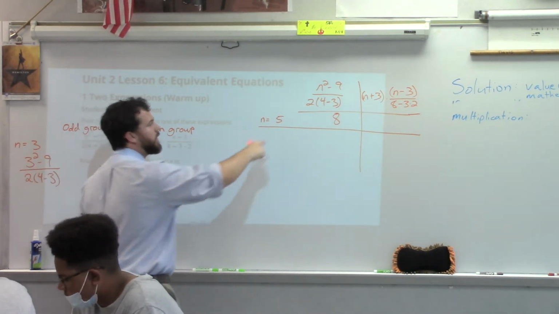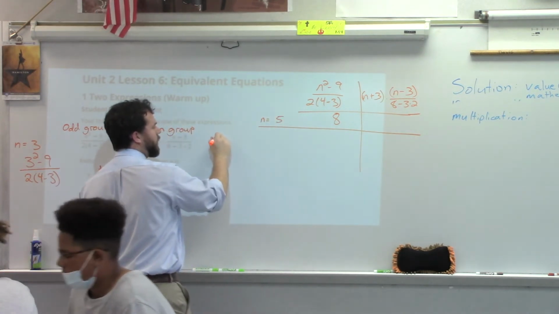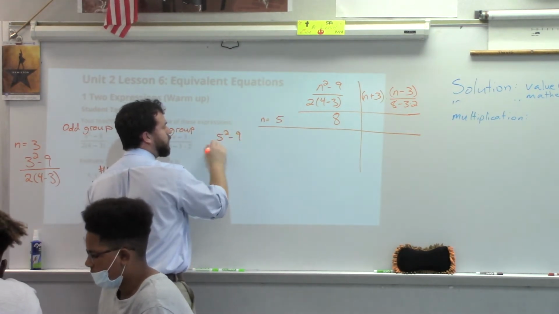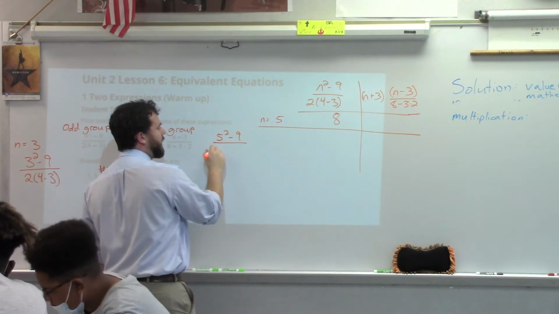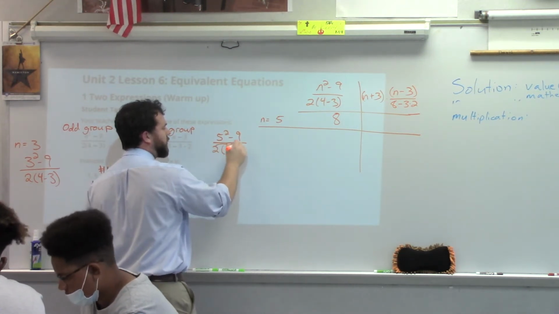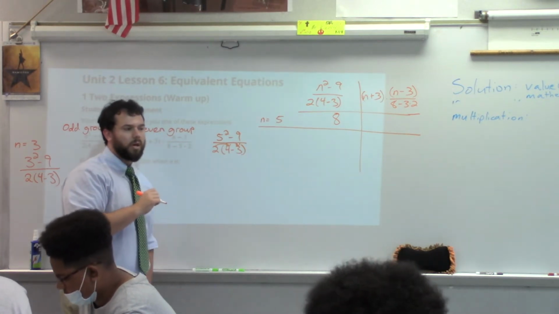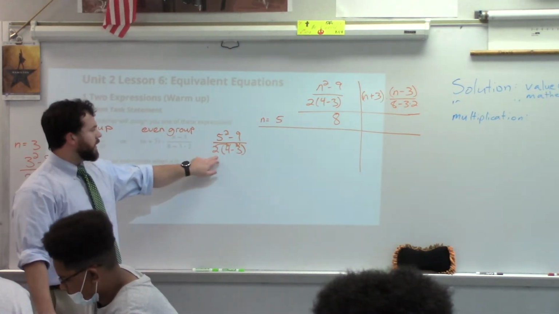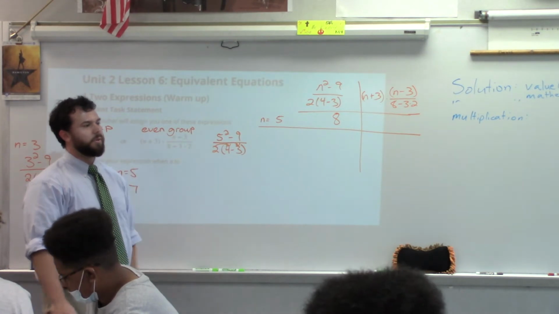I saw a lot of us for this problem, and it's perfectly acceptable. It is correct. Where they did 2 times 4 and 2 times negative 3. Josh, what property are they using?